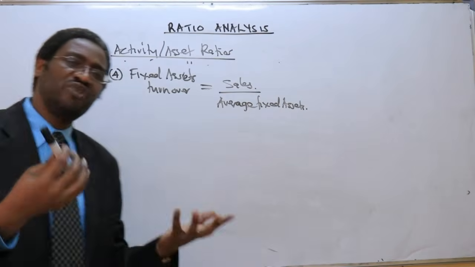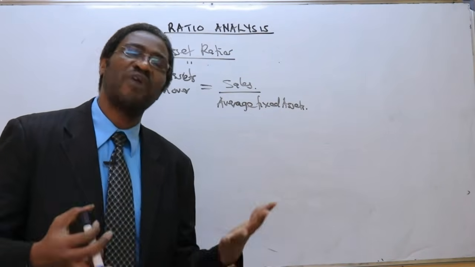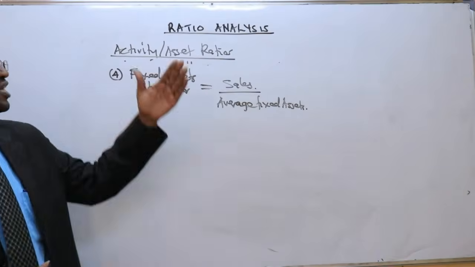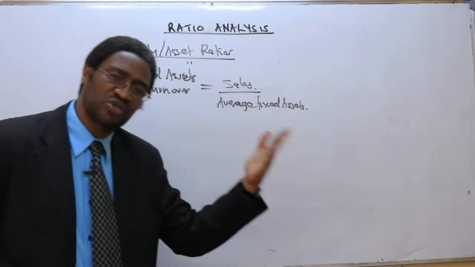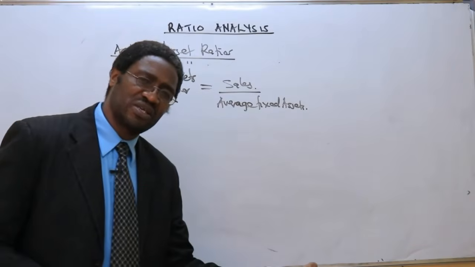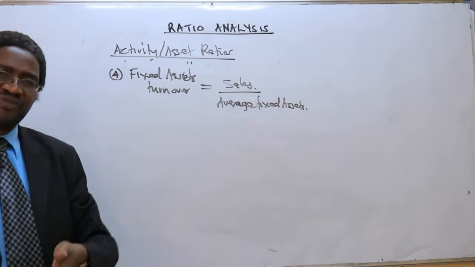If the question gives you only one statement of financial position, you divide by the fixed assets for that year. If you are given two statements of financial position, get the average of the fixed assets last year and the fixed assets this year.